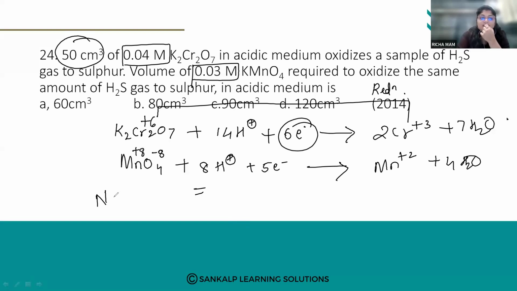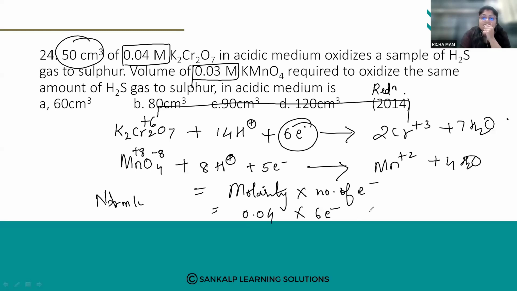How are we going to find the normality? Normality can be calculated as molarity into number of electrons. Molarity is given, so 0.04 with 6 electrons, and the second one, 0.03 for KMnO4, into 5 electrons.